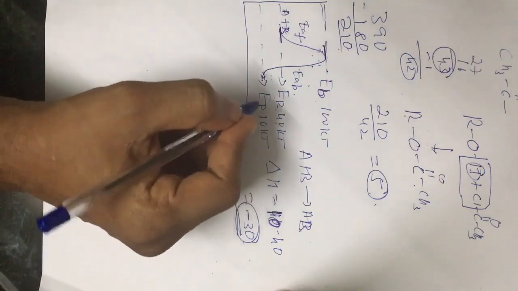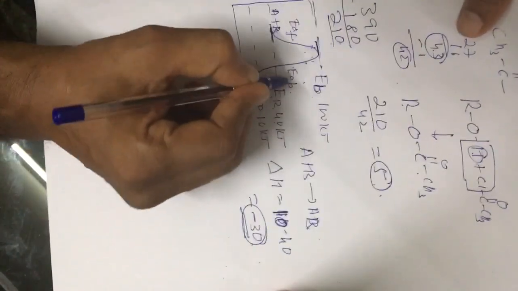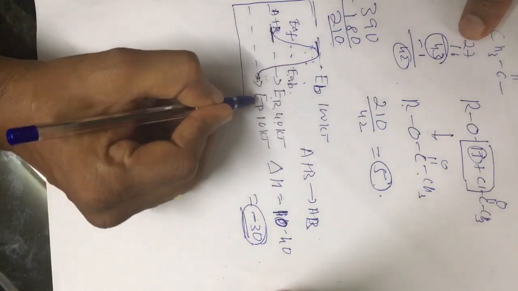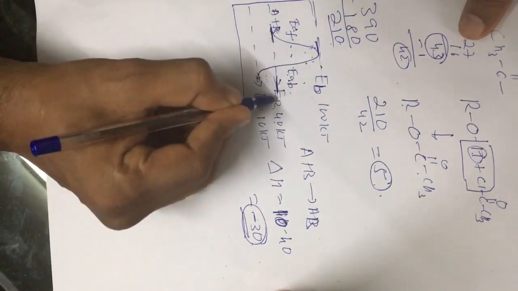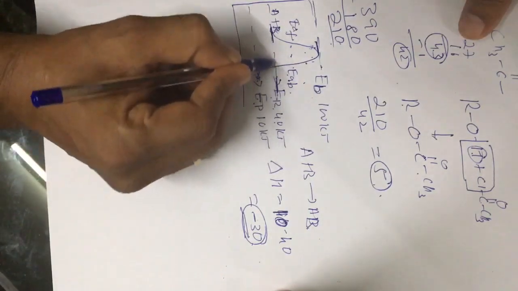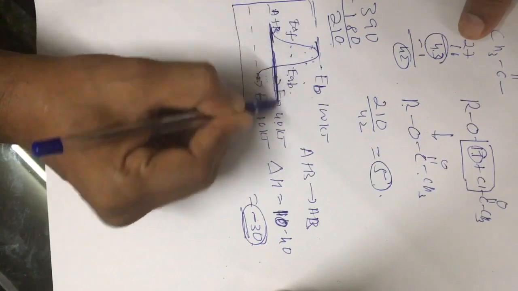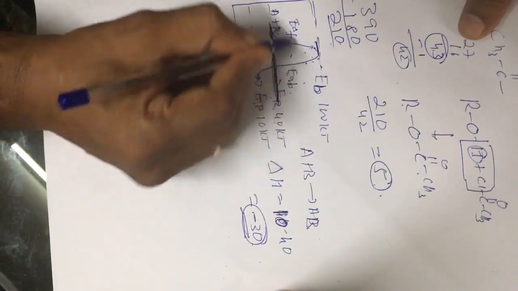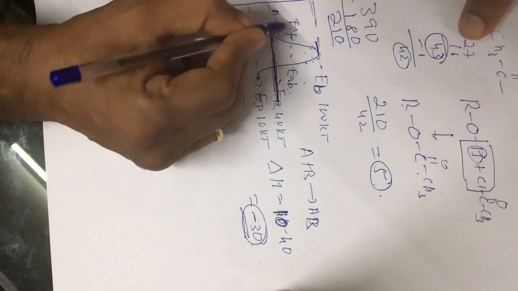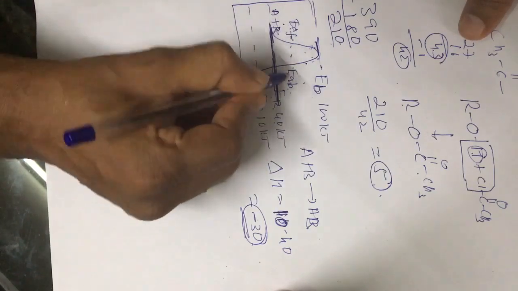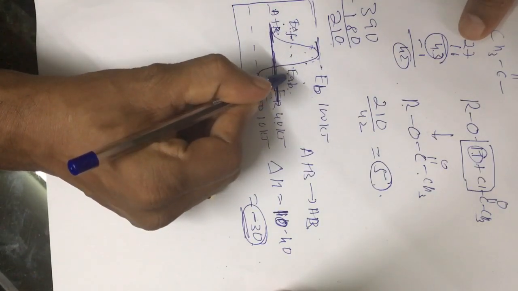Now in the question it is mentioned that EAF should be equal to EAB, which means EP reaches here or ER reaches here. When ER and EP are the same, then EAB is equal to EAF. The energy of activation for forward becomes equal to the energy of activation for backward.